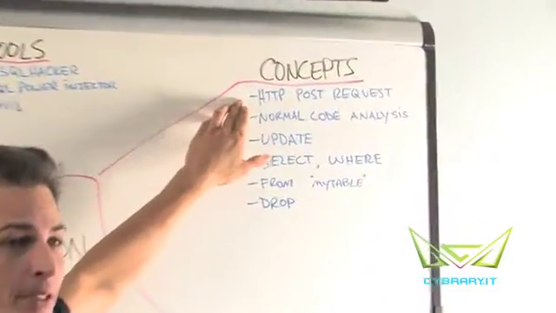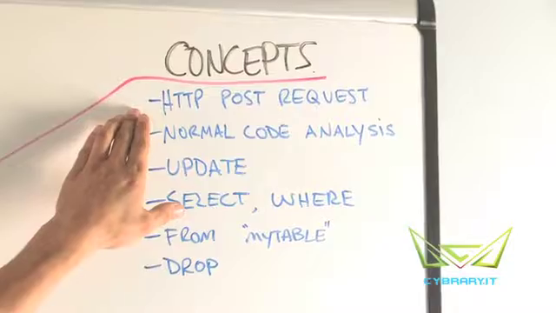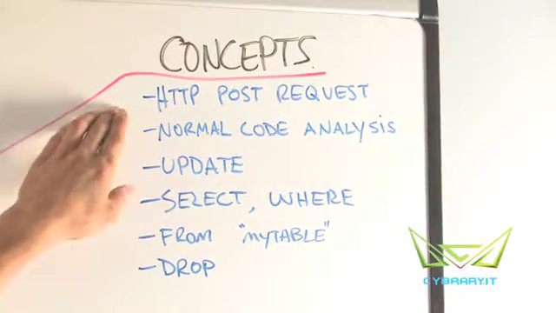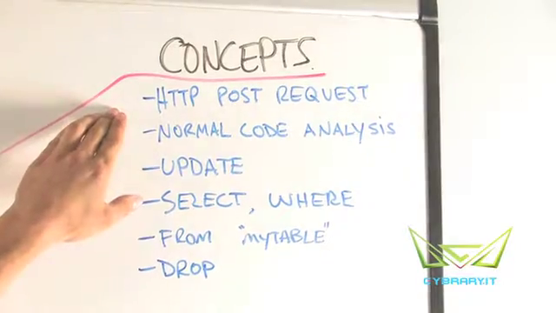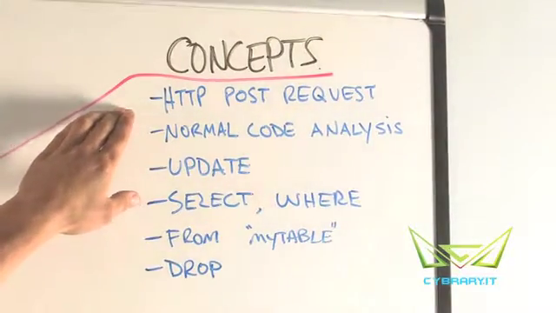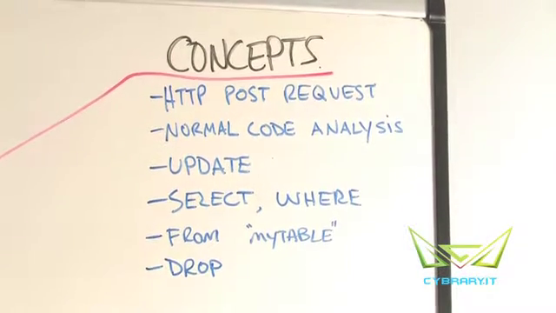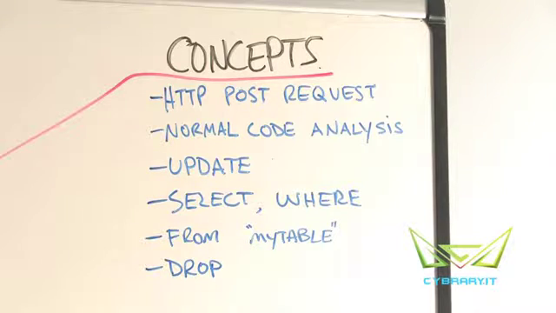Okay, so concepts here. Ultimately you have to be able to analyze between the client and the server, and that all starts with something as simple as an HTTP POST request. This is where we can sniff traffic and analyze that request. It could be a network sniffer like Wireshark or tcpdump, but it also could be a tool like the Burp Suite to basically dissect this client to server traffic.